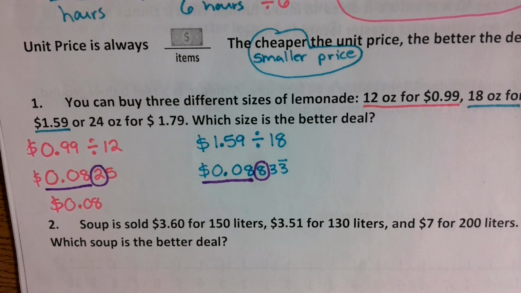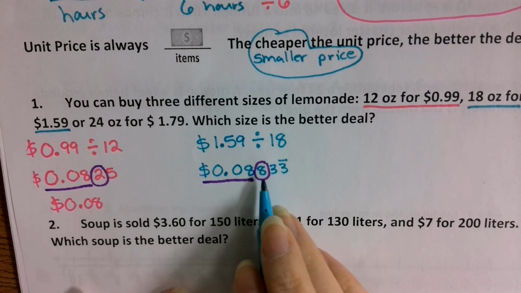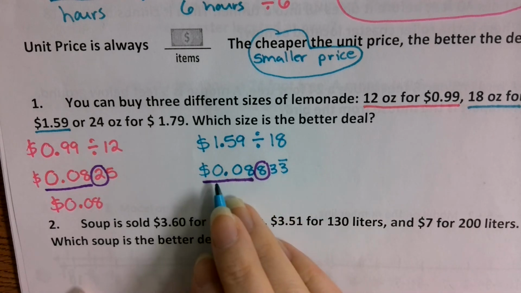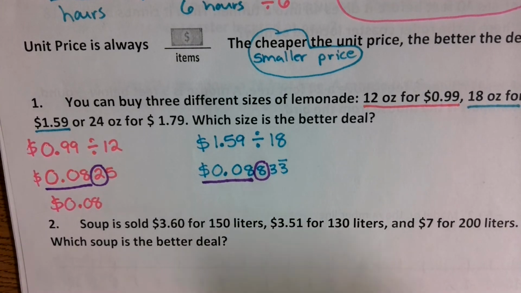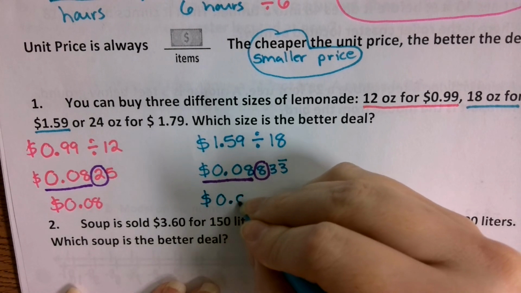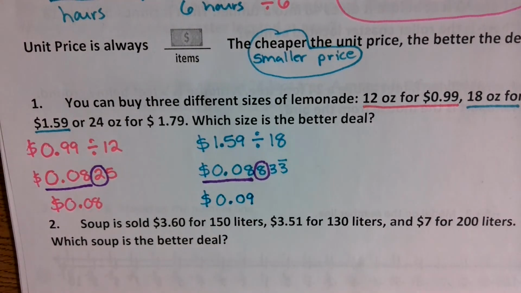You shove it up to the next value. Okay? 4 or below, you let it go. 5 or above, you give it a shove. This is an 8. That's above 5. So that means we need to shove this up to the next value. The next value is 9 cents. So this is going to be rounded to about 0.09, or 9 cents.